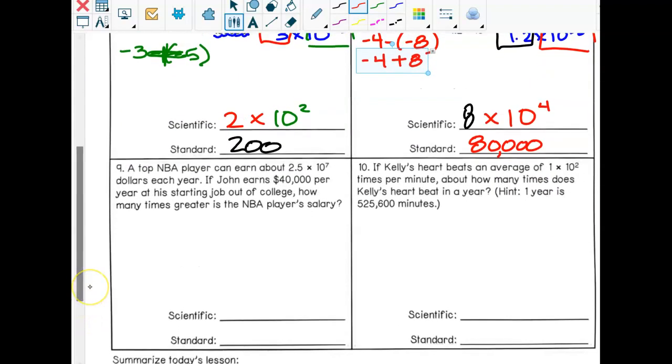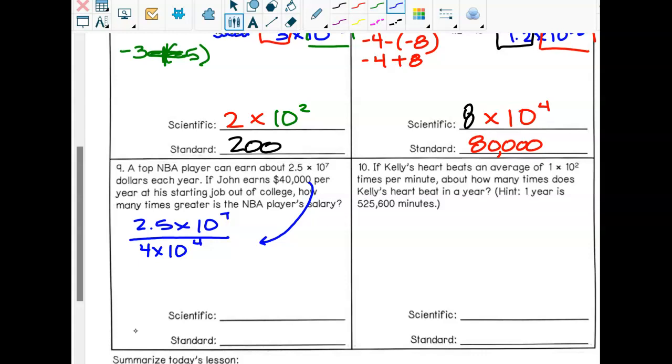Okay. For the two word problems, you are going to want to probably put them both into scientific notation and do the operations. So go ahead and pause the video and do 9 and 10. Okay, for number 9, I went ahead and put them both in scientific notation.